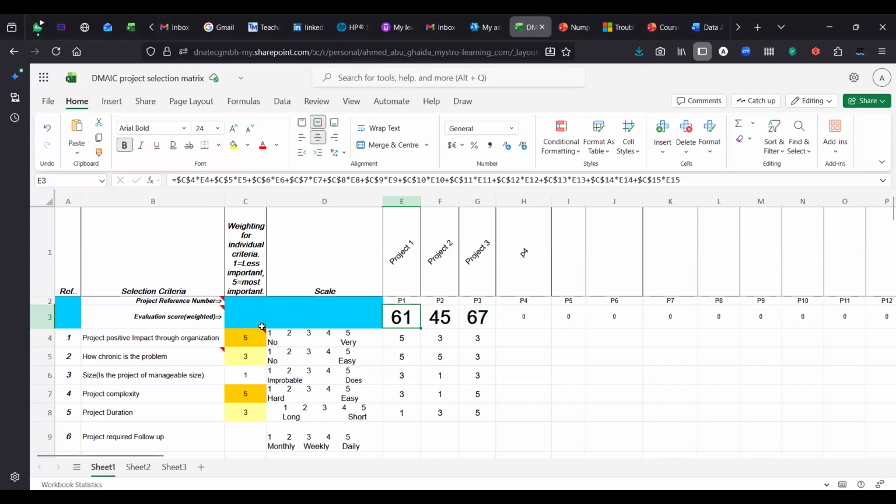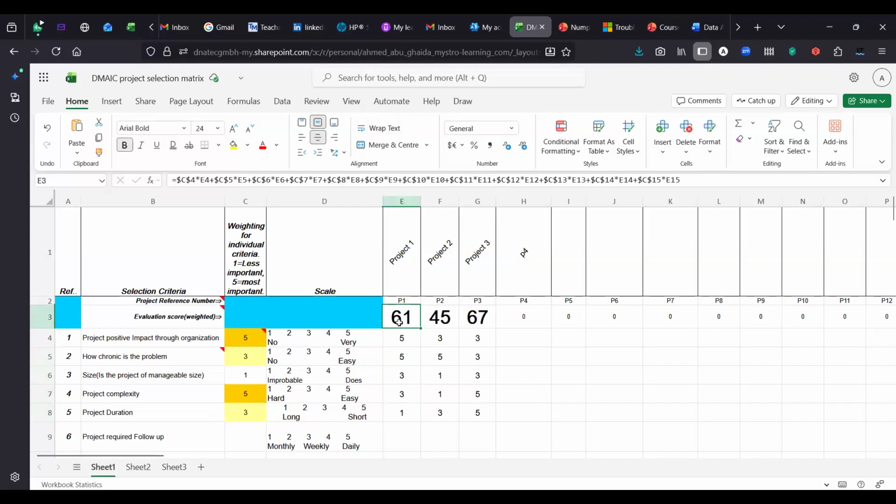You multiply the weight of each criteria times the rate you give this project against this criteria, plus the same for each row. So it's 5 times 5 plus 3 times 5 plus 1 times 3 plus 5 times 3 plus 3 times 1.